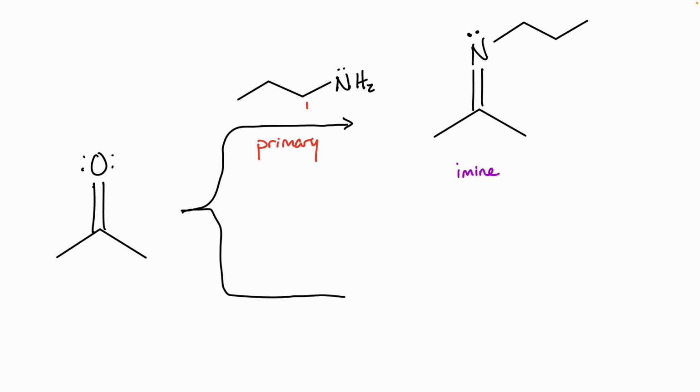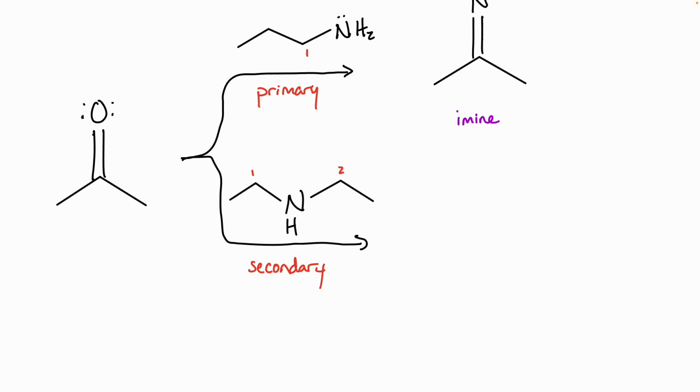Well, if instead I take a secondary amine, a secondary amine is when that nitrogen is bound to not one, but two carbon atoms. Okay, well now I can't form an imine.